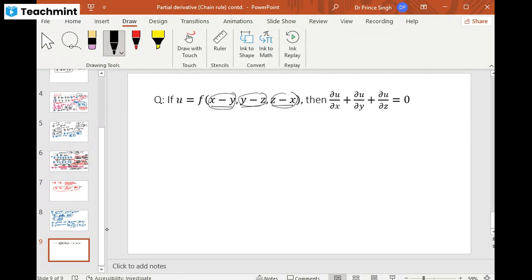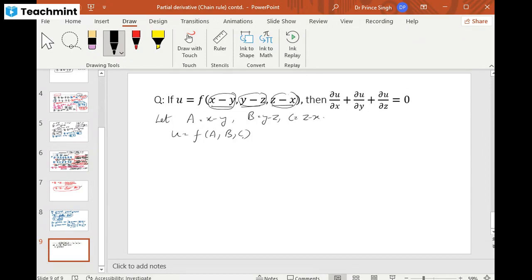So what can I do? I start by letting a equal to x minus y, b equal to y minus z, and c equal to z minus x. So what is u? u is basically a function of a, b, and c.